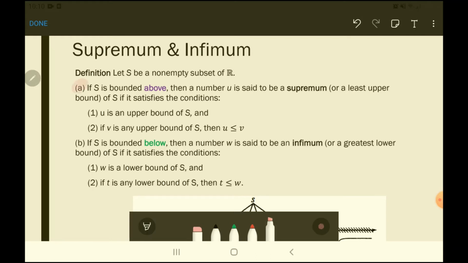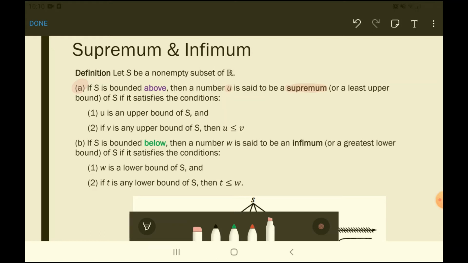So if S is bounded above, then a number u is said to be a supremum, or supremum is also called a least upper bound. That means it's the smallest upper bound.